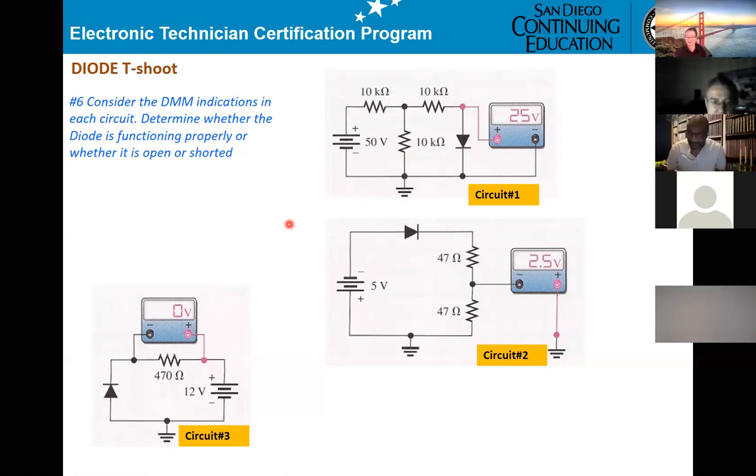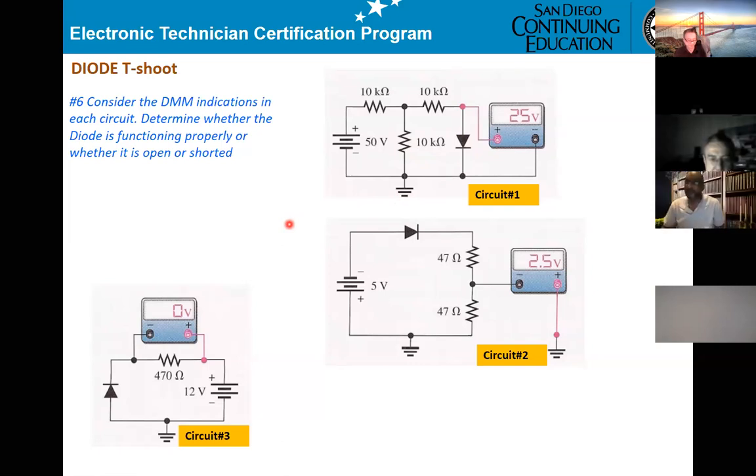Mr. Pham, since the cathode is at ground and the other part, so it's a forward bias? No, I'm telling you. Basically, when the diode is measured correctly, it will be 0.7.